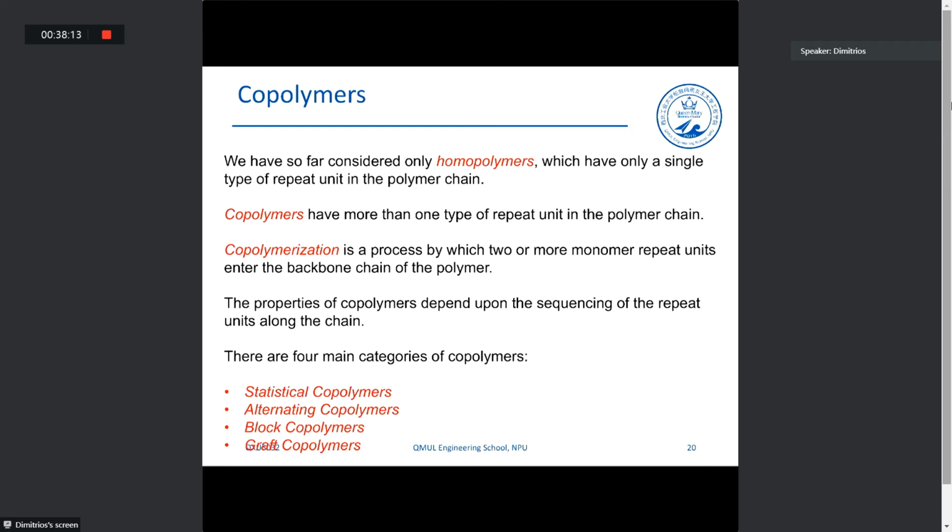So essentially, by creating copolymers, we have creation of covalent bonds to link monomers or polymers afterwards.